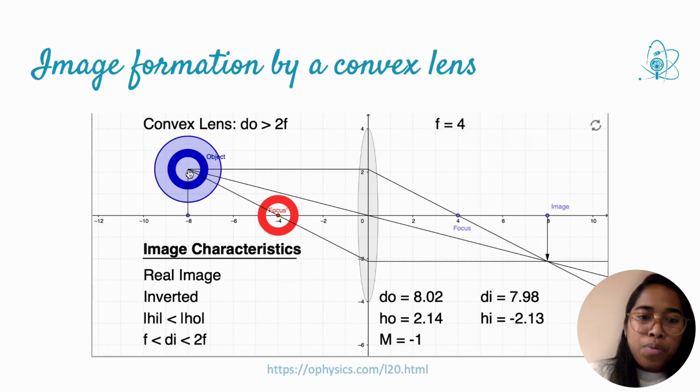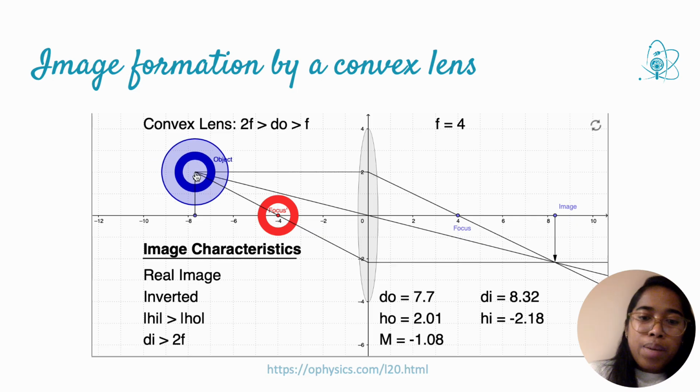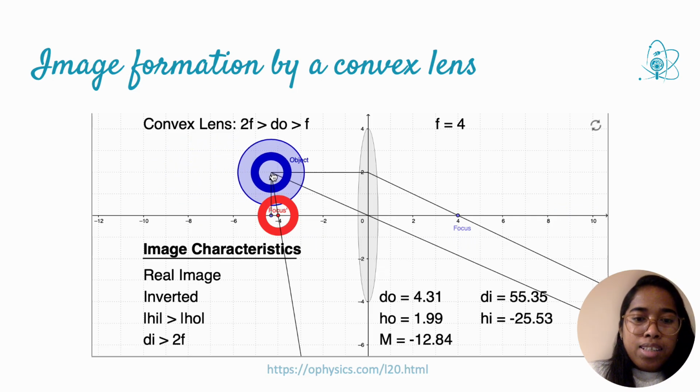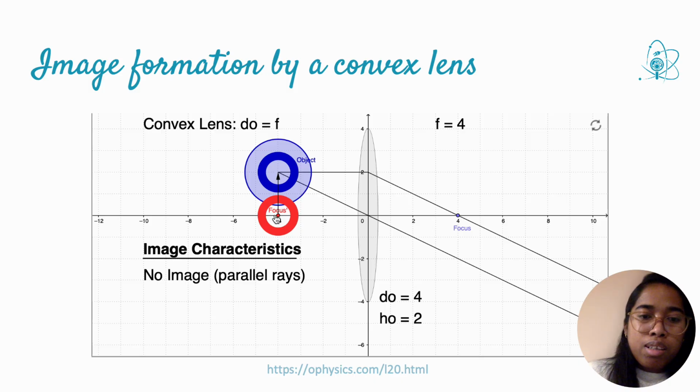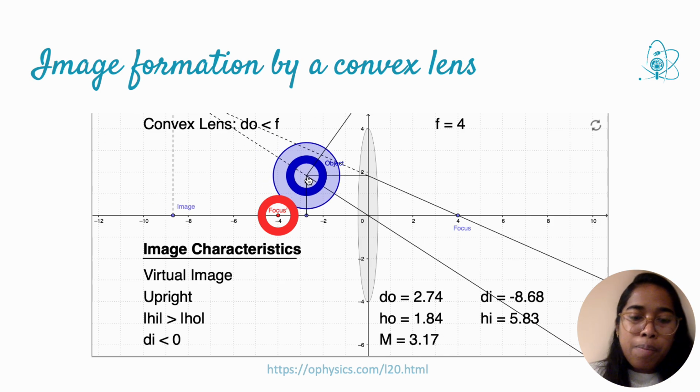Now if we move the object to a distance equal to 2f, we can see that the image is placed at the same distance, a real and inverted image, and the magnification is equal to negative 1. And if we move the object to a distance of one focal length, there is no image, and the image will form at infinity.